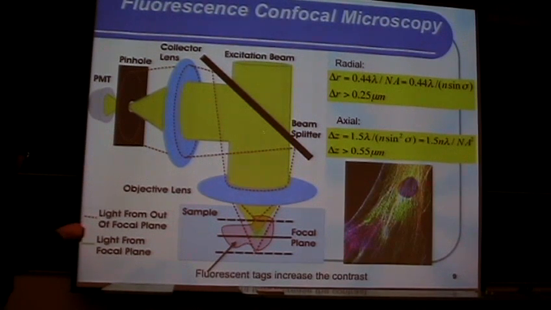Instead, you simply use a laser light source for excitation. And so this laser light is going through a beam splitter and then tightly focused into a tiny volume in the sample using an objective lens as shown in here.